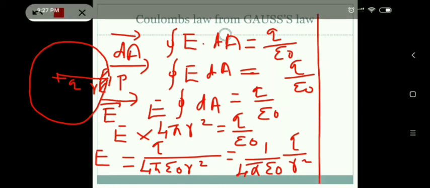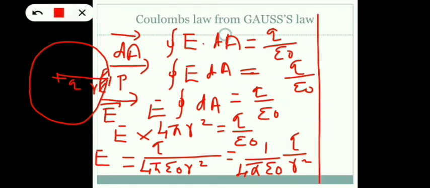Okay. Now, we need to derive Coulomb's law from this expression. So suppose I have placed a small charge, another charge delta Q, at the point P. So what will happen?